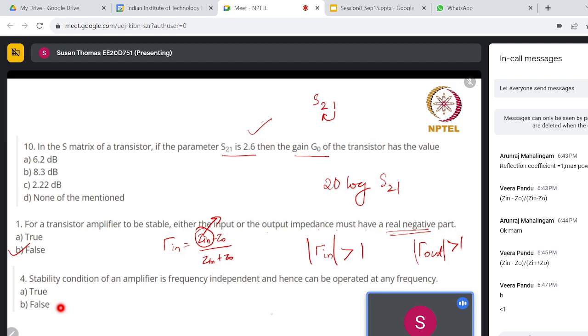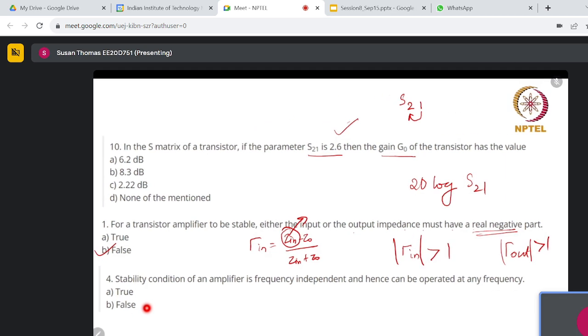Stability condition of an amplifier is frequency independent and hence can be operated at any frequency. False.